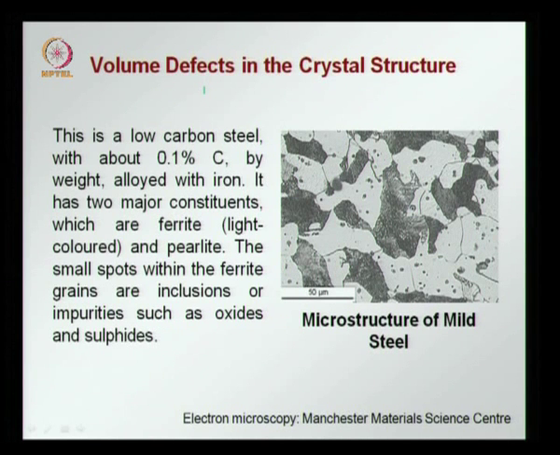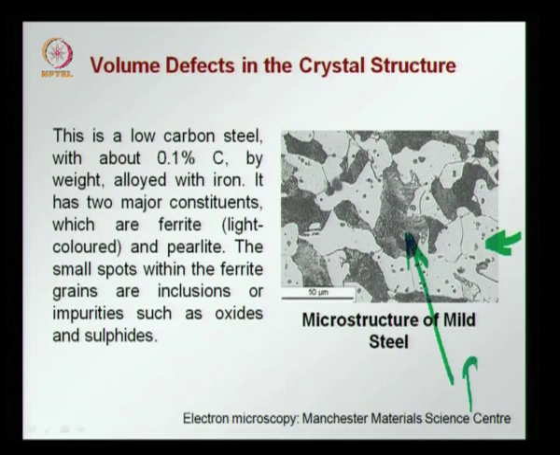Here we see mild steel with another type of inclusions. The structure itself is made out of two major constituents, ferrite and pearlite. The alloy is made out of ferrite, the light colored crystals, and the striped regions are pearlite.